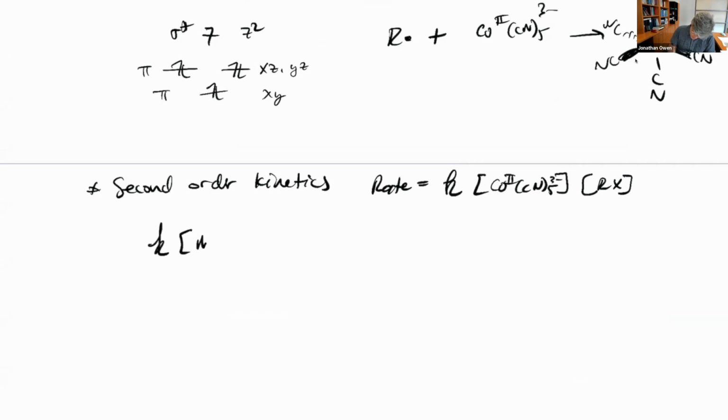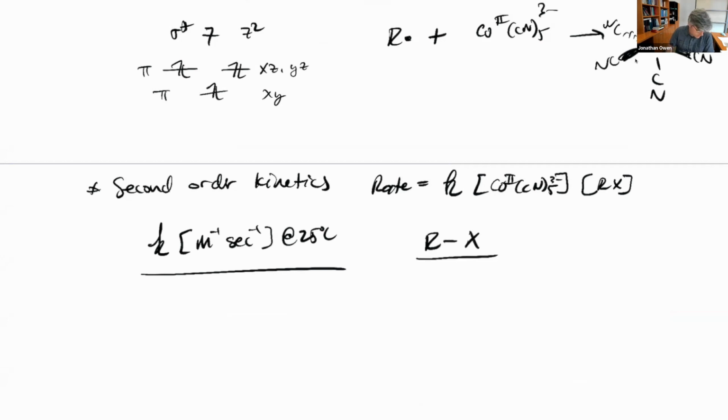So this k was measured for a series of different RX's, including methyl iodide, ethyl iodide, isopropyl iodide, and tert-butyl iodide.